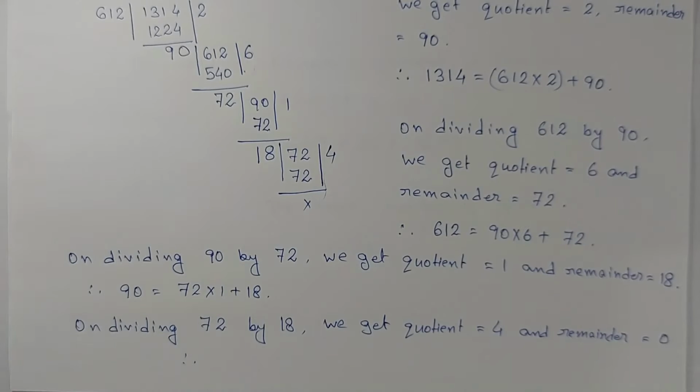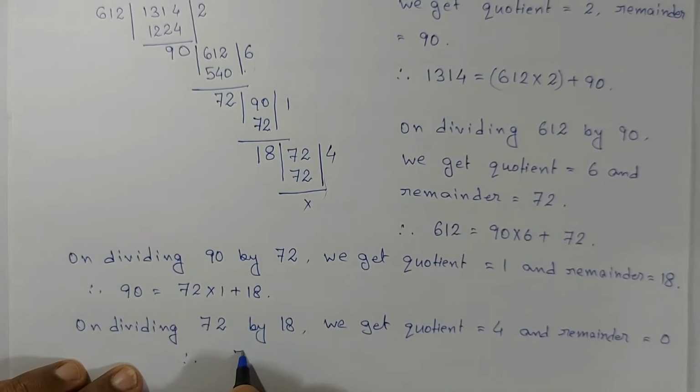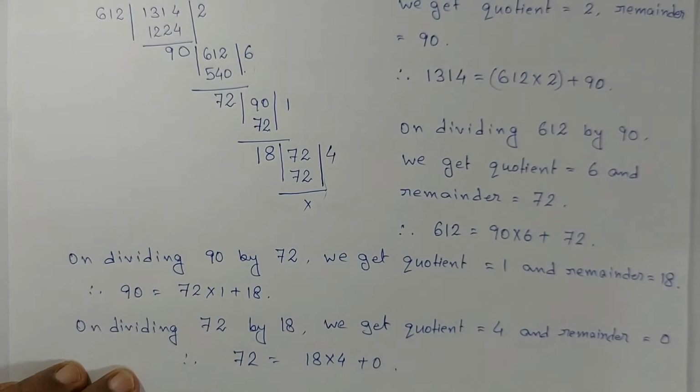So therefore 72 equals 18 into 4 plus 0.